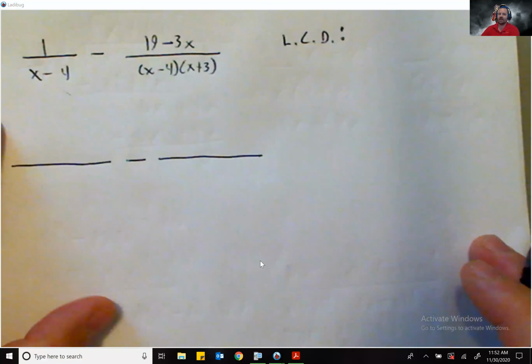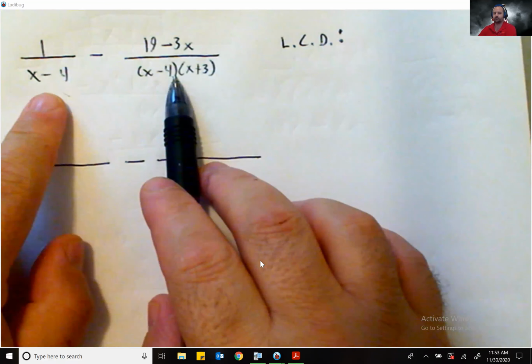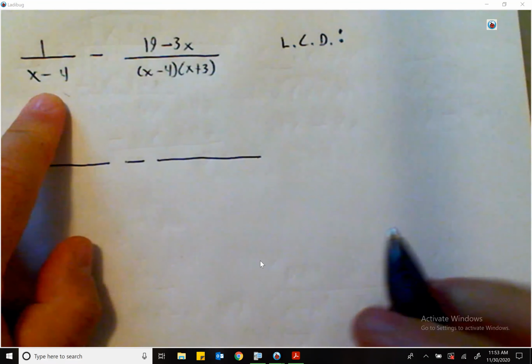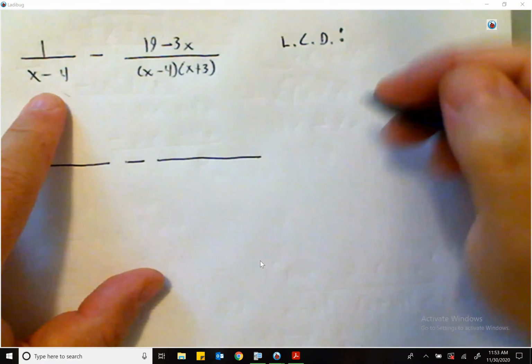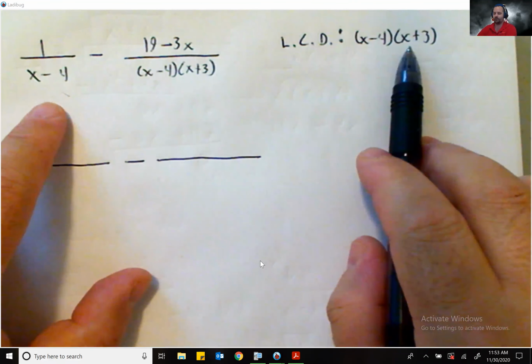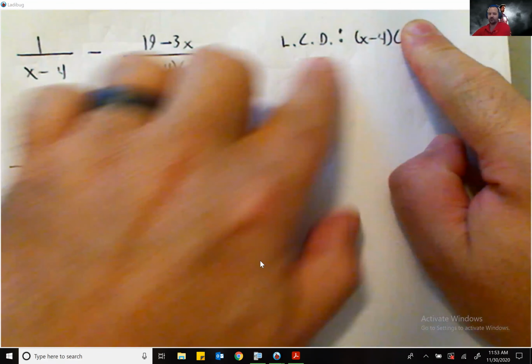So we need to find the LCD, the least common denominator. So what is the LCD going to be between these two fractions? X minus 4 and x plus 3. There you go. Because if I cover up the x plus 3, that's the first denominator.